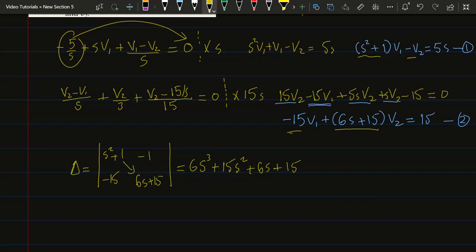And then I have minus 1 times minus 15, so that's plus 15, or minus 15. So minus 15 plus 15 is 0.